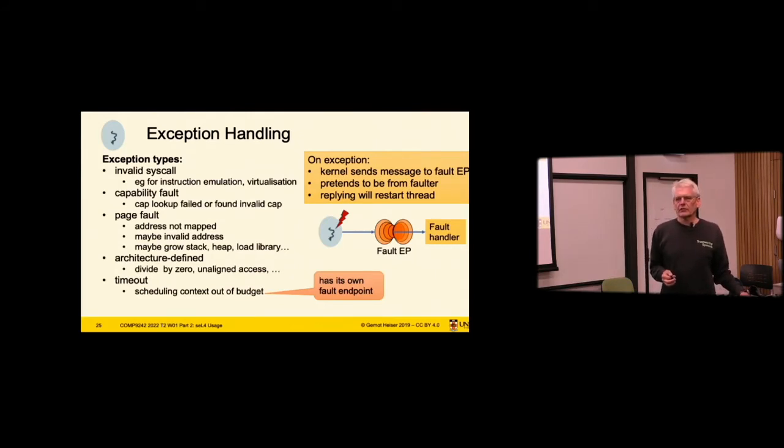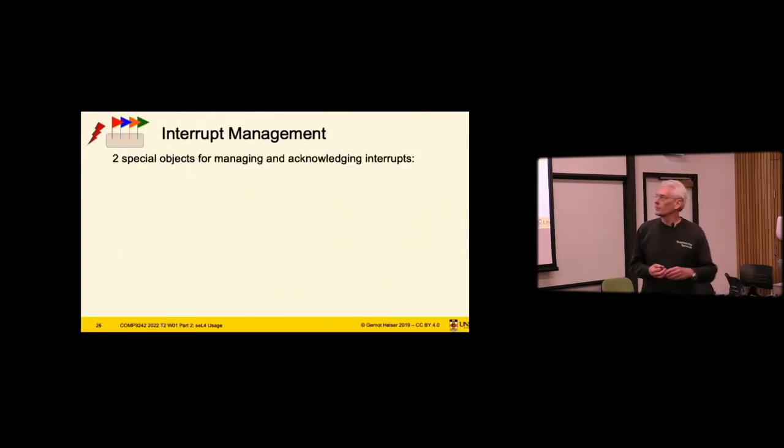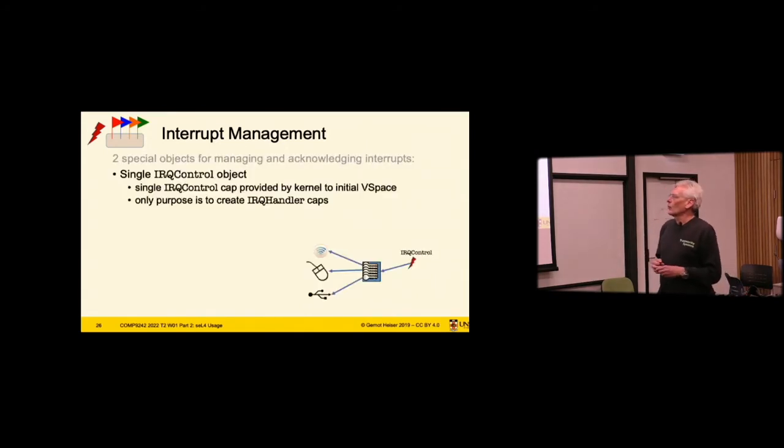Any other questions? Okay. Interrupts. As I said, while exceptions naturally map onto endpoints, interrupts naturally map onto notifications. And they have two special hardware-specific objects, or one of them hardware-specific. The one is the interrupt control object, which is, if you like, a virtual object, doesn't really exist.